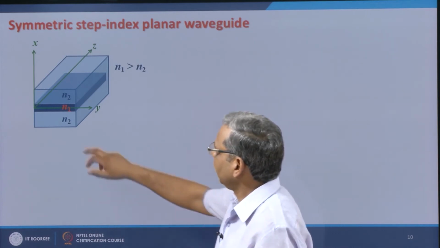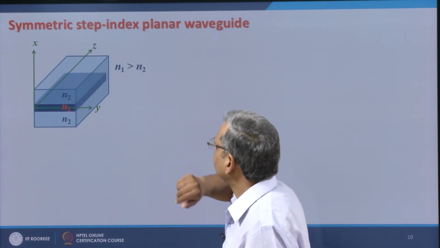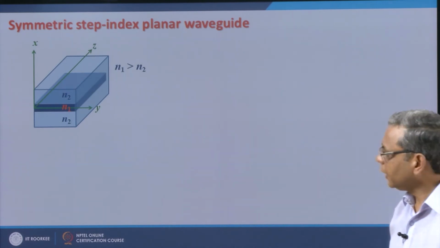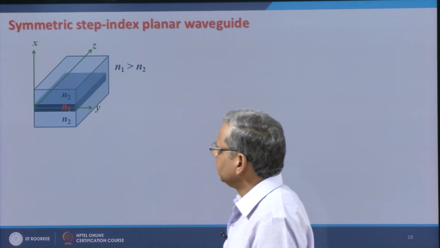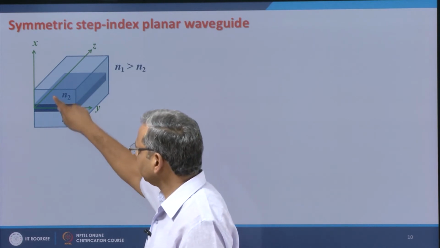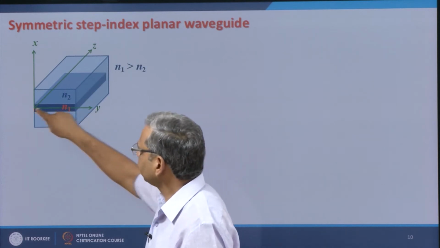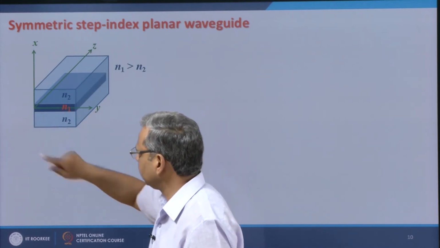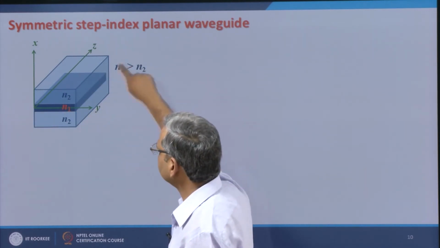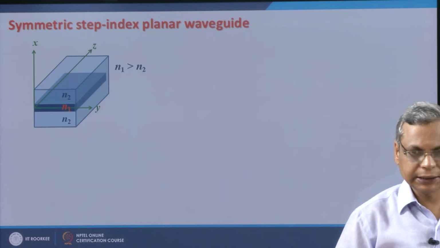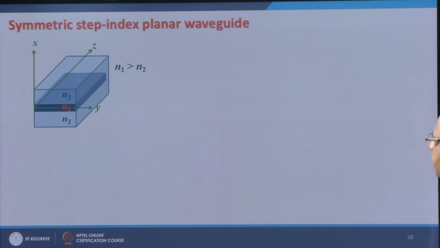So I have N1, N2, N2 here, and N1 is greater than N2. Again, there is refractive index discontinuity only in the x direction. In the y direction, it is infinitely extended. In the z direction also there is no index discontinuity and it is infinitely extended.